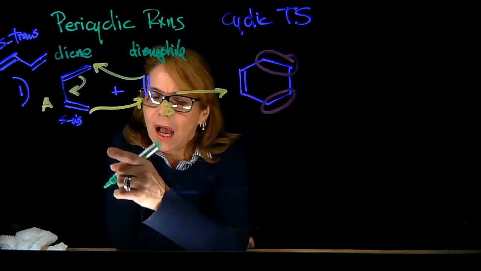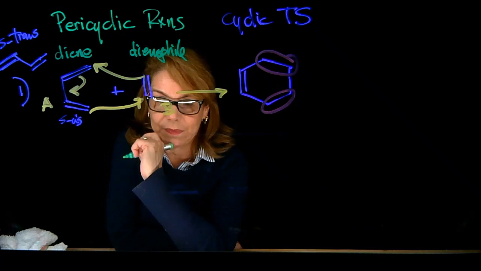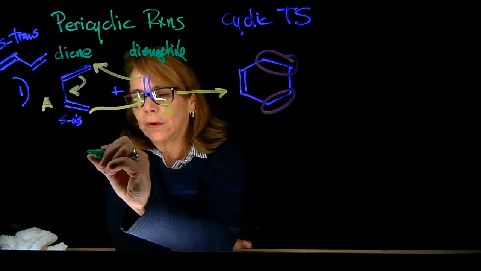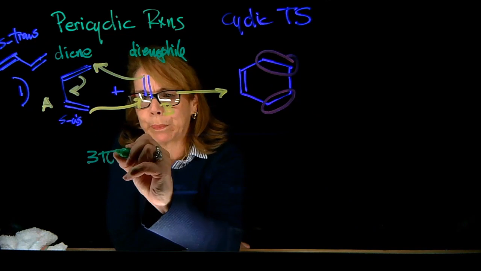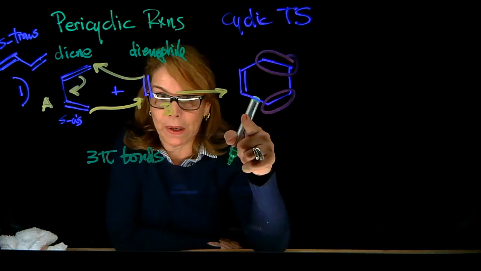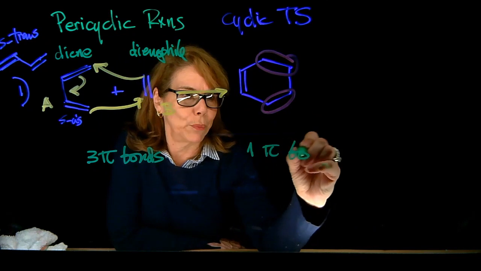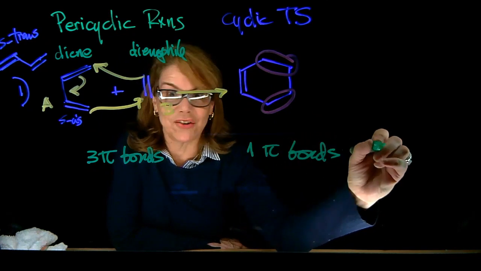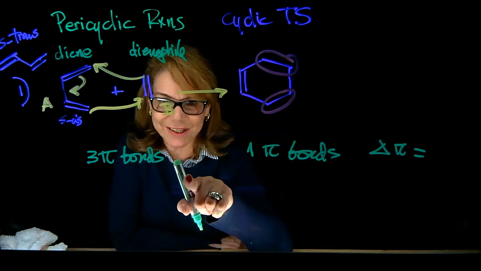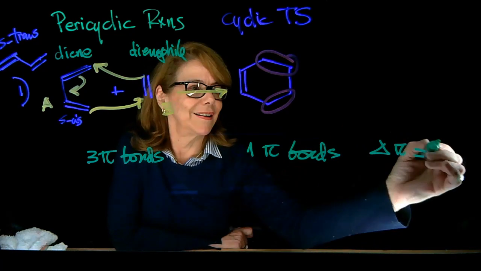If we analyze molecules A and B, we have a total of 3 pi bonds. And here I have 1 pi bond in the product. So the net change in pi bonds is 3 minus 1, which is 2.